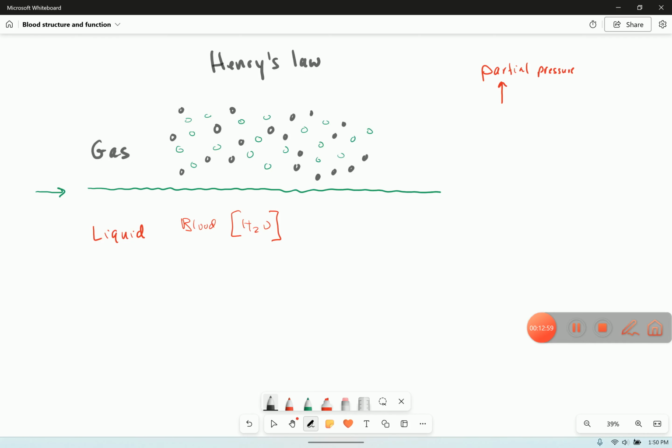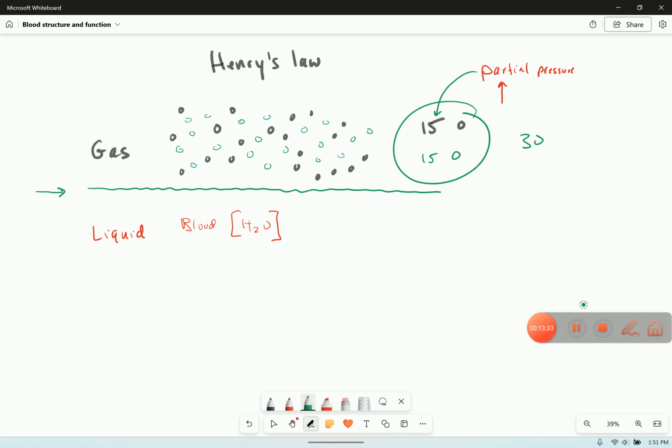Now just for the sake of simplicity, let's say that there are 15 black circles or gases and 15 green circles, which represents a different gas. Okay, so total pressure would be 30. Partial pressure would be 15. So if you're just looking at the black gases, that would be 15. If you're looking at the green gases, that would be 15.